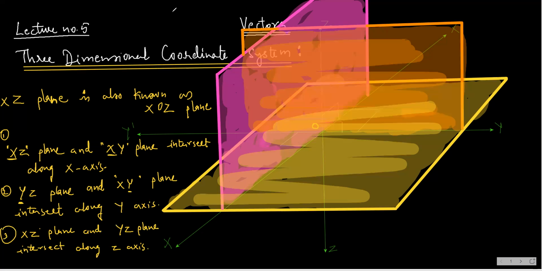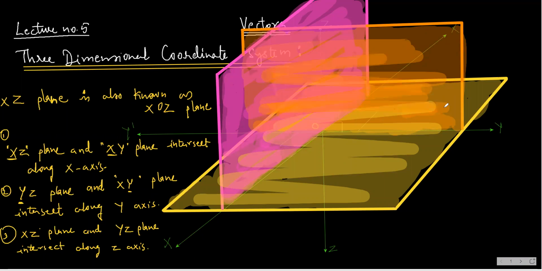You can see here, which one is the XZ plane? The XZ plane is this one. See, right now this is the XZ plane. And what is the YZ plane here? The YZ plane is this one, the vertical plane here.